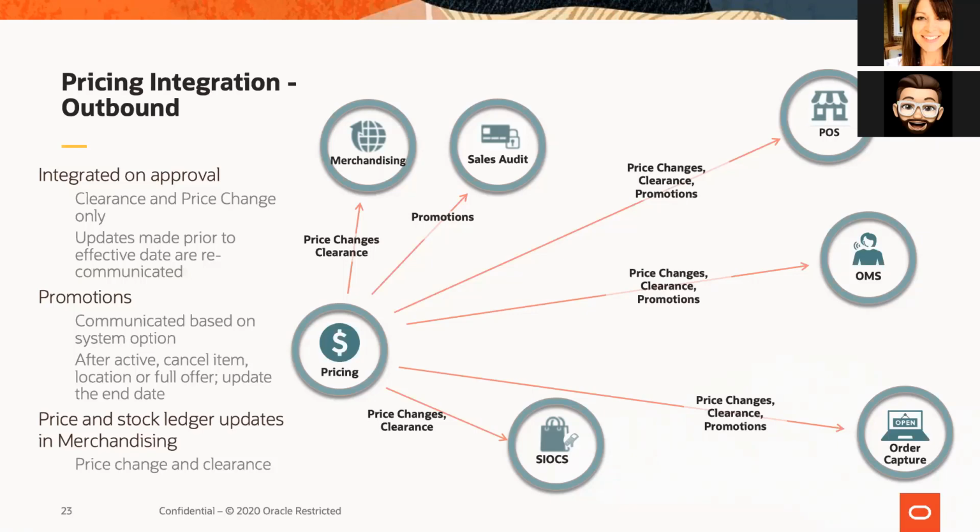Again, since we're not calculating that item level retail price for promotions, for simple promotions, we're not updating our price history table or some of the promotion fields that we have had in the past in merchandising to hold that information. If that type of information is needed, that web service that we have to do the price inquiry could potentially be used for some reporting on that.